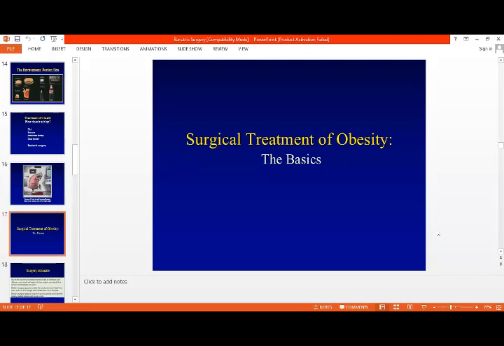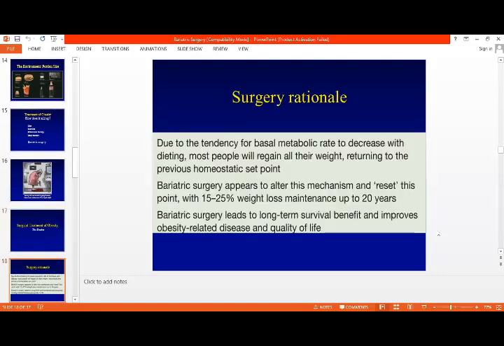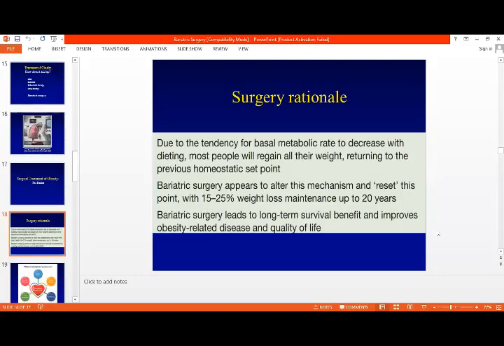And the surgical treatment of obesity, what is the rationale of the surgery? This is most important because people ask why you want to do an operation for bariatric surgery, and that's actually important. So the rationale would be, once you do dieting, your basal metabolic rate also falls down.